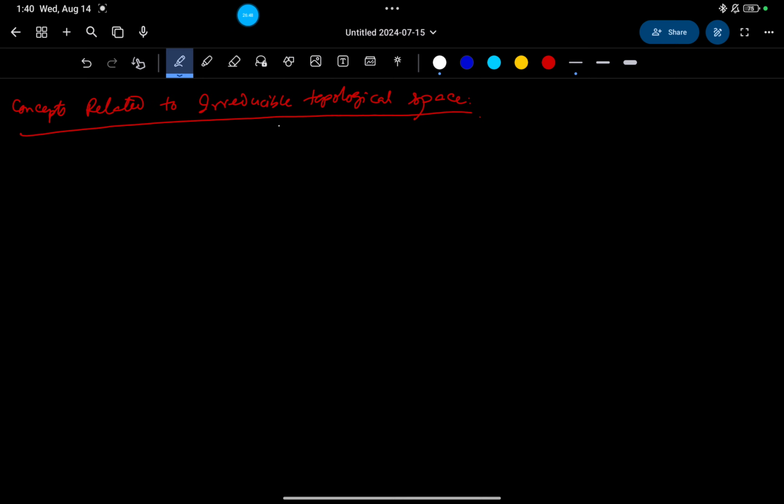Okay, so what is an irreducible topological space? Suppose X is a topological space.